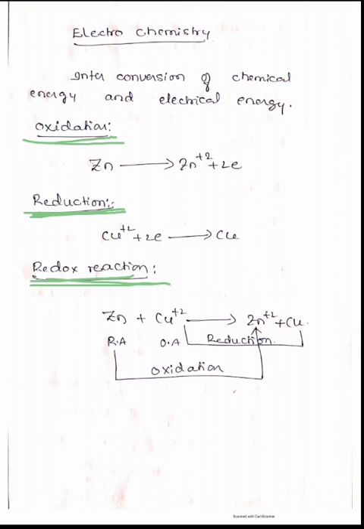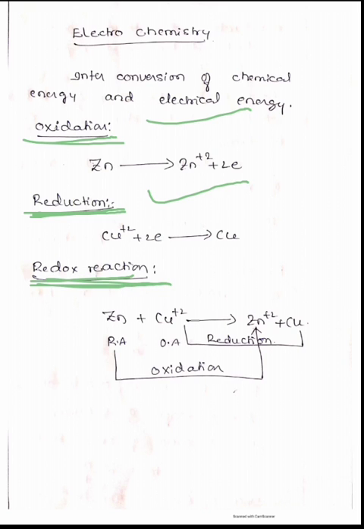A reaction in which both oxidation as well as reduction reactions occur simultaneously. So what does simultaneously mean? Simultaneously means both oxidation and reduction reactions occur at the same time. So at the same time both oxidation reaction takes place and also the reduction reaction takes place. Such kind of reaction can be taken as a redox reaction.